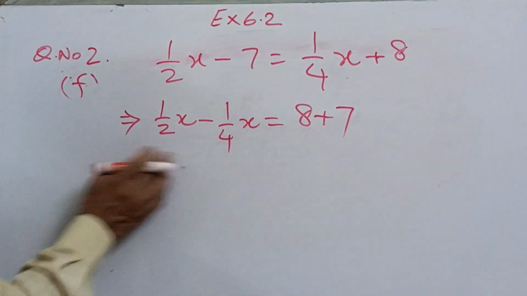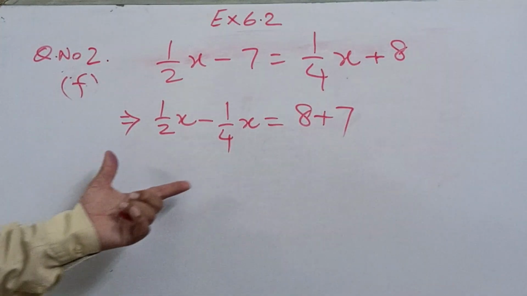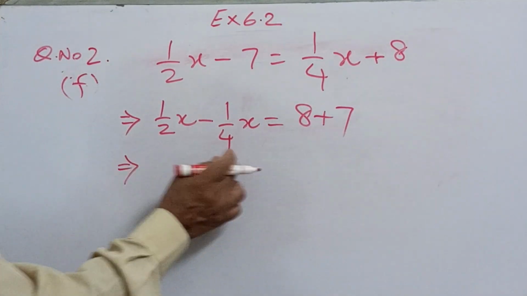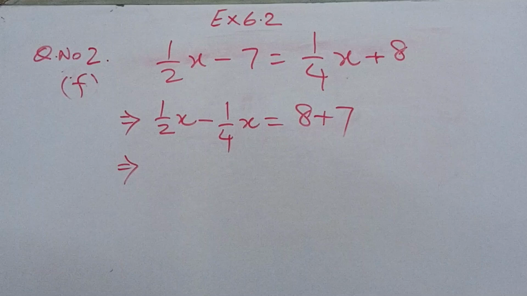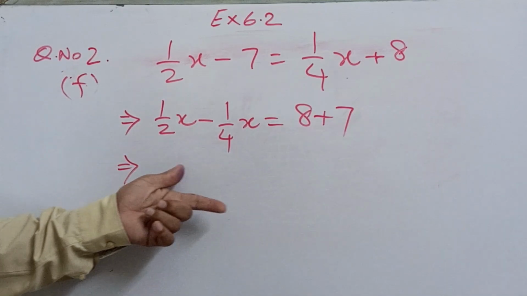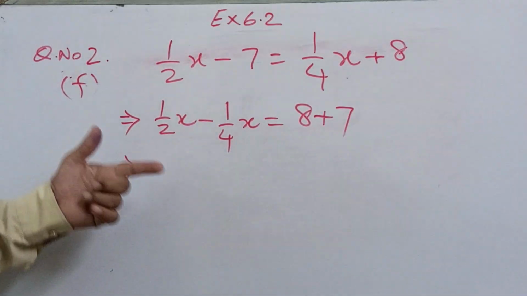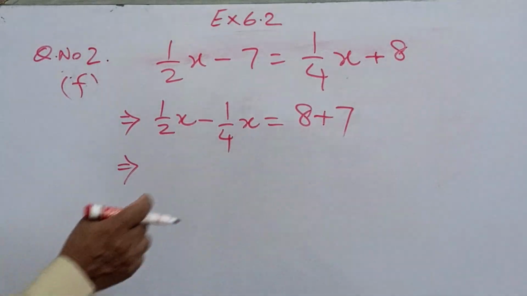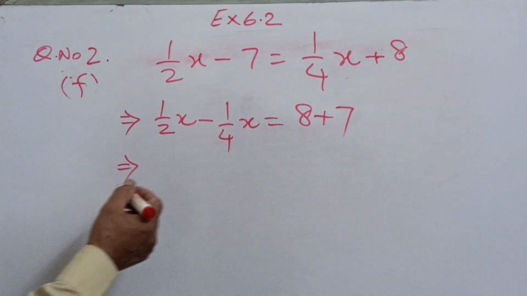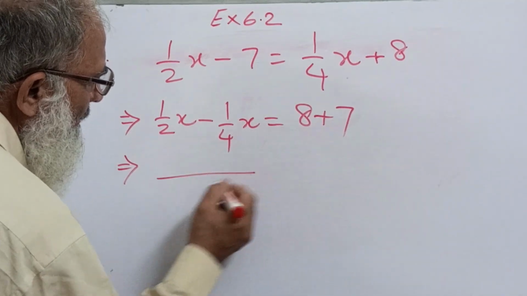So you see that here we again have to deal with the LCM. Now what will be the LCM? LCM will be 4. I have told you this method that if these appear in one table, 2 times 1 is 2, 2 times 2 is 4, the bigger number will be the LCM. So LCM is 4 over here.